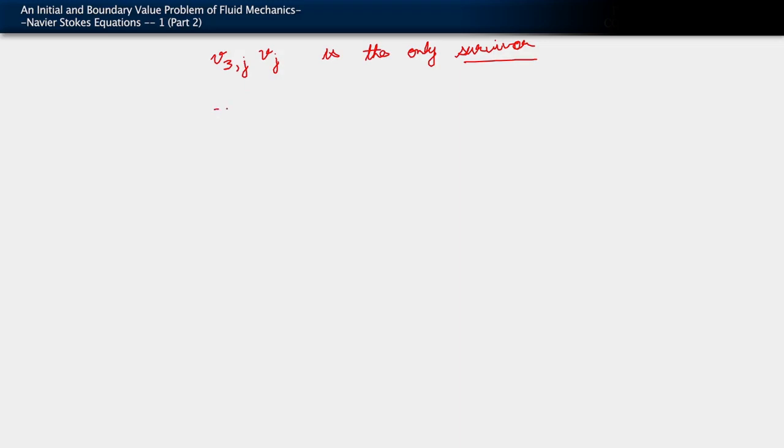So what this implies then is that we have V3 comma 1 V1 plus V3 comma 2 V2 plus V3 comma 3 V3. Now, for different reasons, each of these terms is 0.